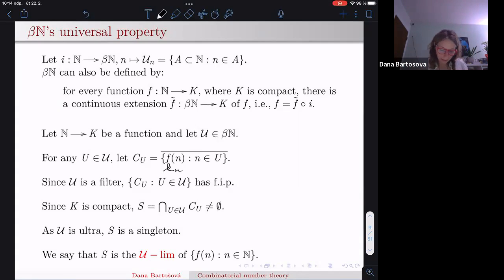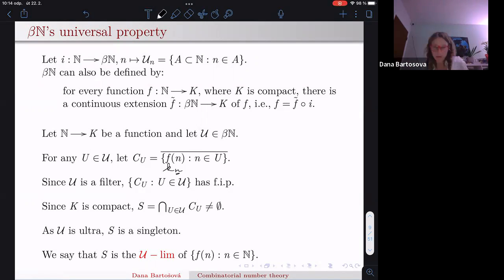The images of n that come with the indices from the set in the ultrafilter, and we take a closure. This is, of course, a closed subset. And since U is a filter, then these closures have to have the finite intersection property. Actually, even without the closures, this has a finite intersection property, so even more so with closures.